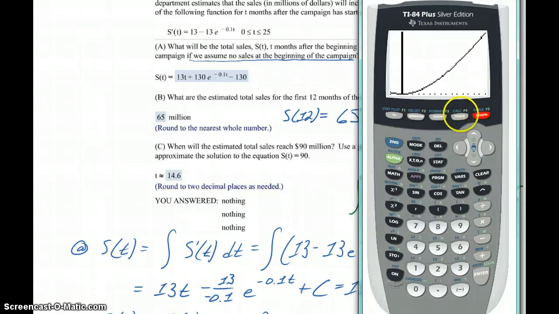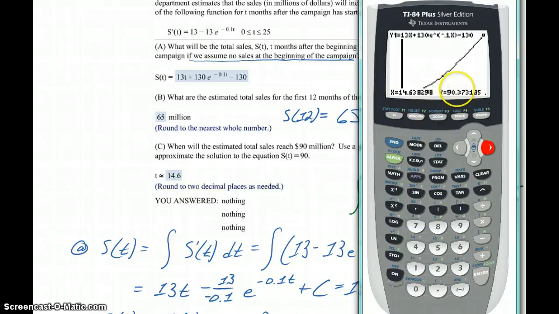And now we can use the calculator to estimate when our function value is 90 by hitting the trace button and then just moving along the graph. We're looking for when this should equal 90.